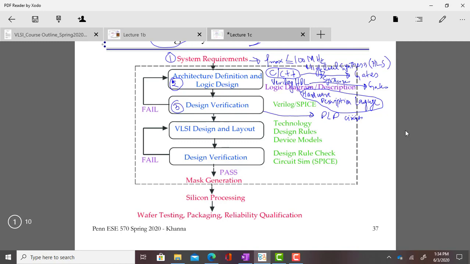Your K-map was 3 variables or 4 variables. So beyond 4 variables you could not design with K-maps. That's why these synthesizers are very effective, and they are a must if you want to design the logic circuit.